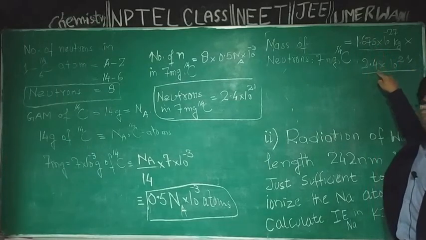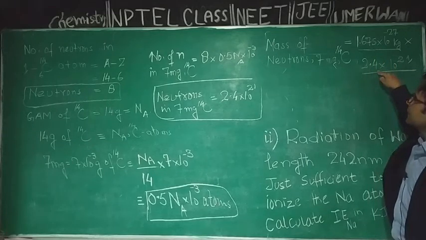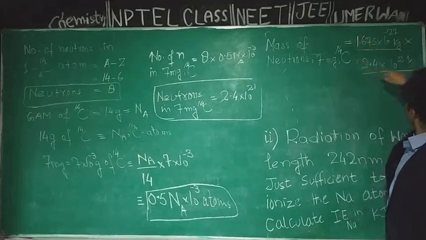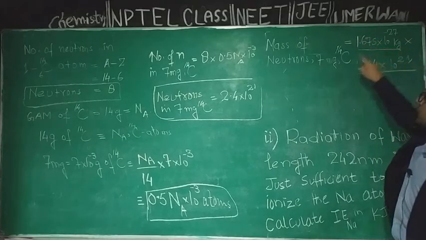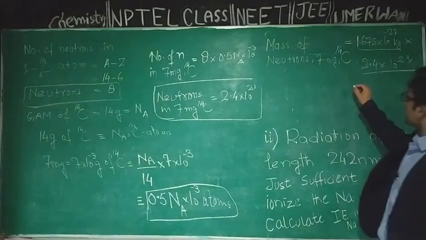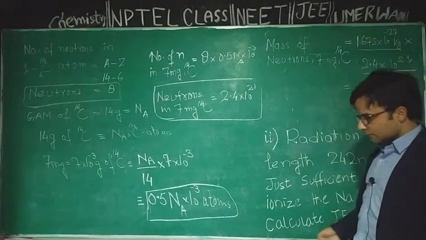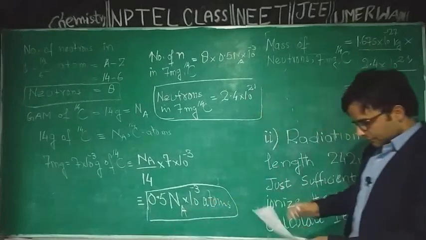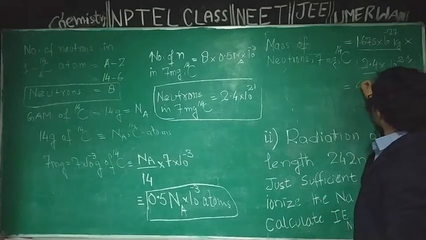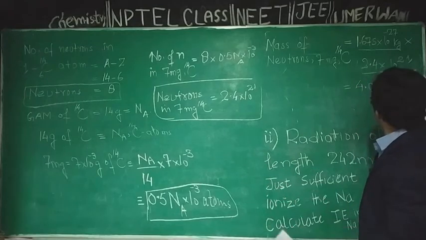This is the number of neutrons present in 7 mg weight of carbon 14. So their product will be the mass of neutrons present in 7 mg of carbon 14, and after evaluation this value comes equal to 4.02 into 10 to the power minus 6 kg.